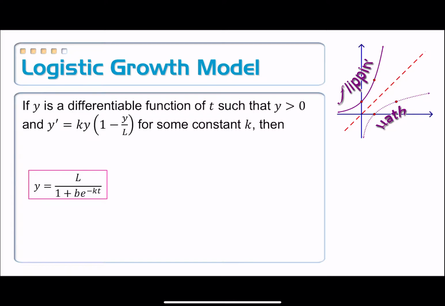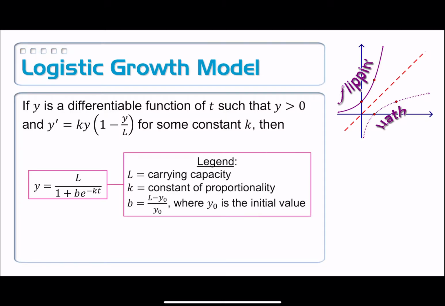Y is equal to L, the carrying capacity, over 1 plus b e to the negative kt. The L is the carrying capacity that we initially started with. The k is the constant of proportionality. And as we just solved, b is equal to L minus the initial population over the initial population.